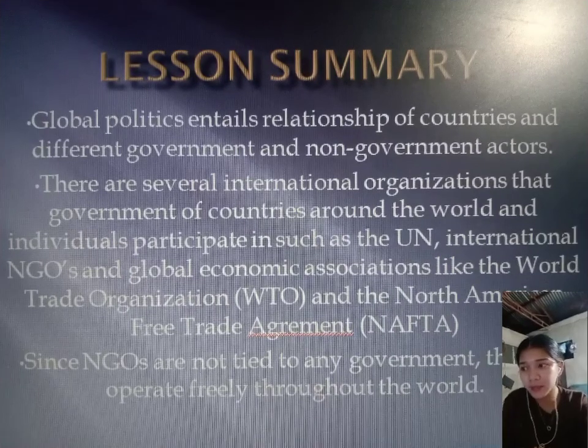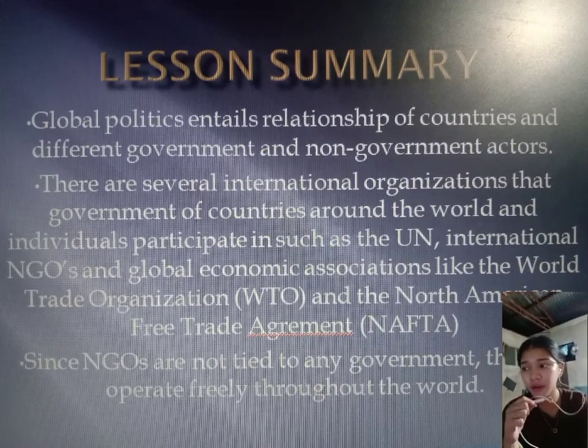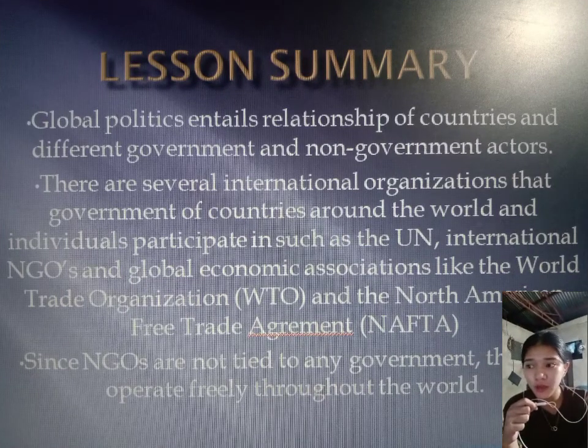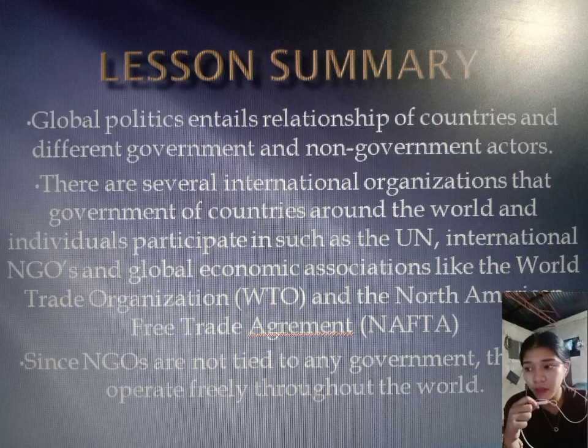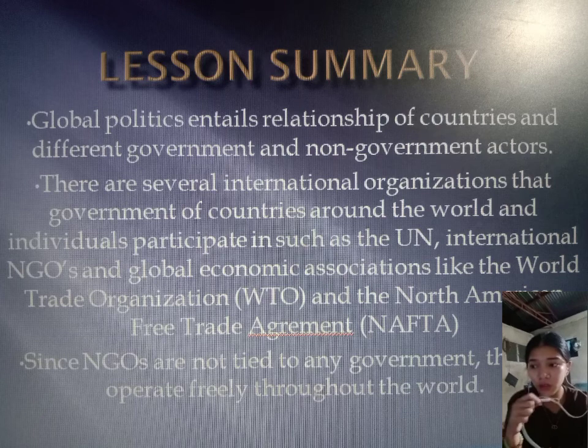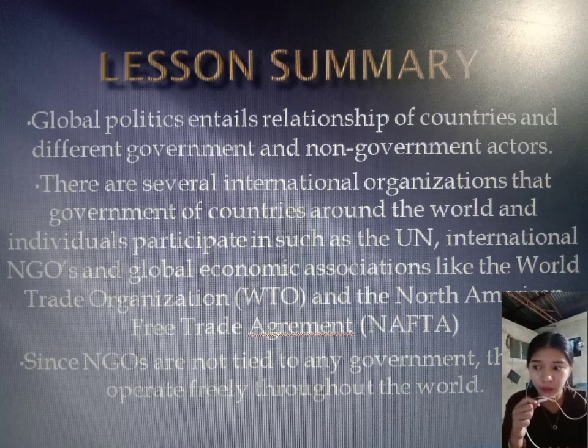And lastly, the lesson summary. Global politics entails the relationship of countries and different government and non-government actors. And there are several international organizations that governments of countries around the world and individuals participate in, such as the UN, international NGOs and global economic associations like the World Trade Organization or WTO and the North American Free Trade Agreement or NAFTA.